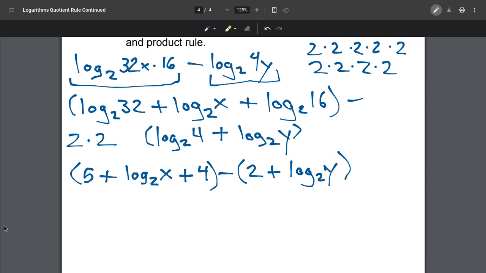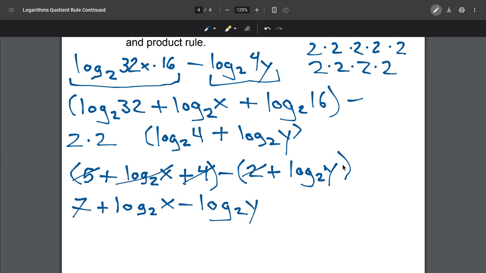Okay, so let's combine. We have 5 plus 4 minus 2. So 5 plus 4 is 9. 9 minus 2 is 7. We'll cross this, this, and this out because we used them. And then plus log base 2 of x minus log base 2 of y.